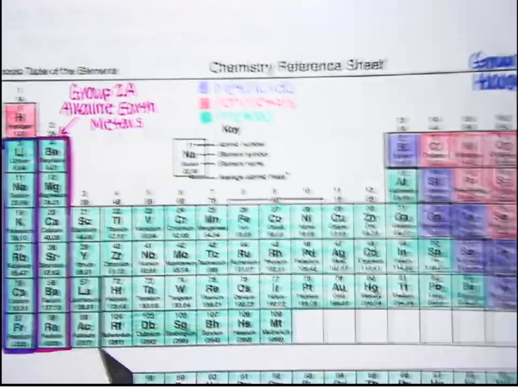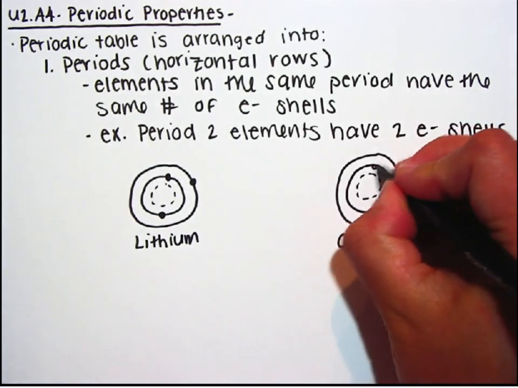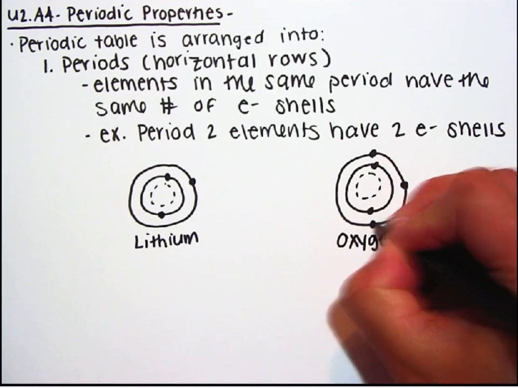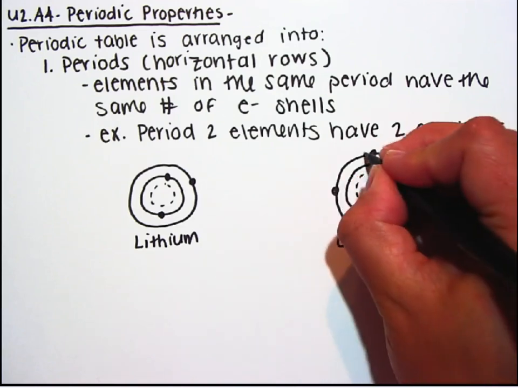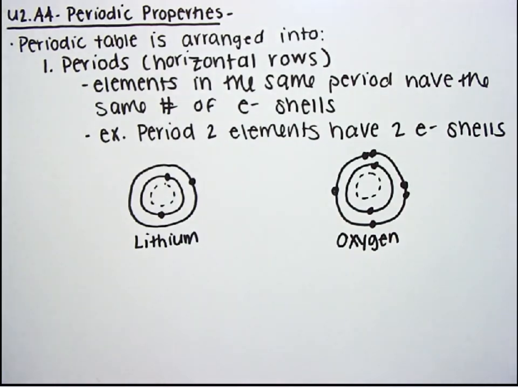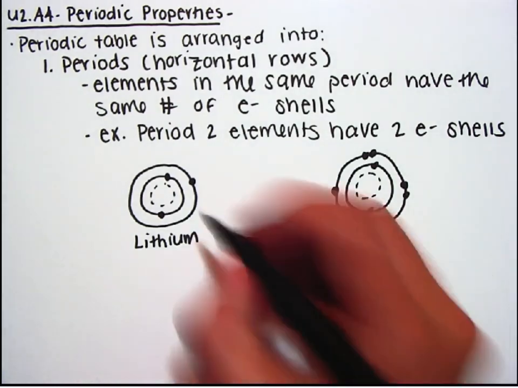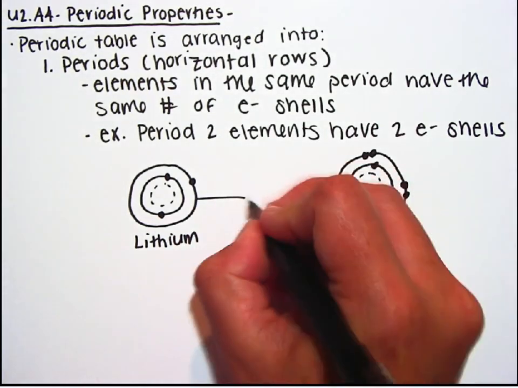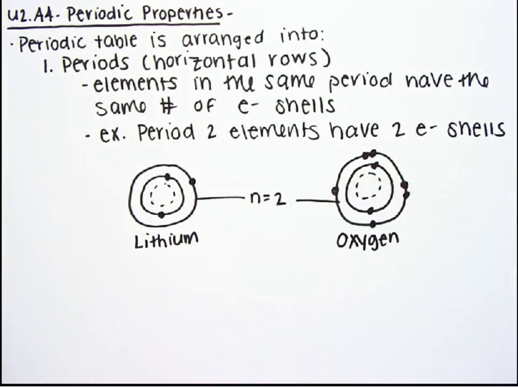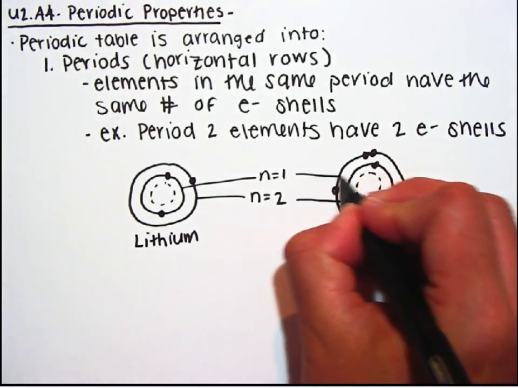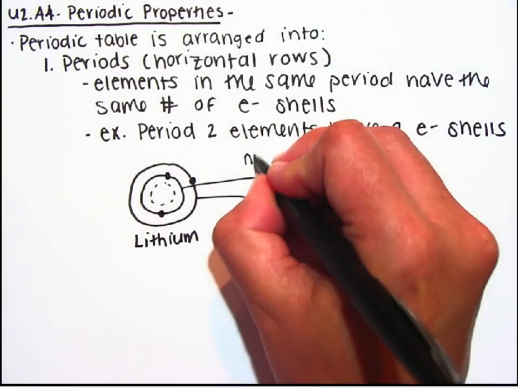It has 8 protons, 8 electrons. 1, 2, 3, 4, 5, 6, 7, 8. So we see that both of our atoms in period 2 have 2 energy levels. And we have our nucleus in the middle.